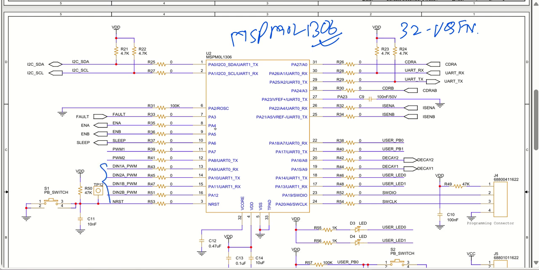However, we have 4 PWMs for the utilization of this particular stepper motor driver, and 2 external PWMs I have given for some other usage if you want to have. Even I have I2C, so I2C can be used for some other purpose. Even we have UART, so UART also you can use for some other purpose.